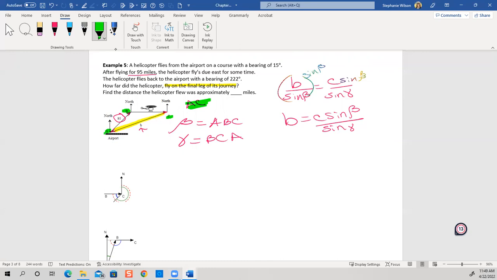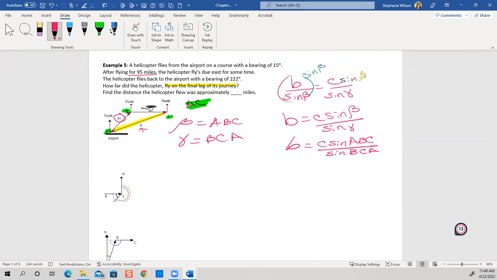So you can rewrite it: B is equal to C sine of A, B, C divided by sine of gamma, which is B, C, A. This notation is important that you understand.